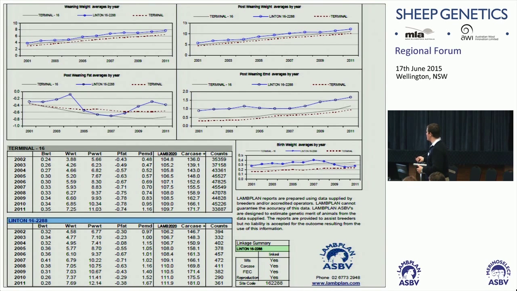So 16 is Poll Dorset, and there's the terminal line, and then that's where he's sitting. But if this carcass was a no, it would be wrong to be relating where you're sitting against where we are for other breeds and for every other animal in the analysis, because you're not linked. So we don't know how you're performing for that particular trait. Okay.